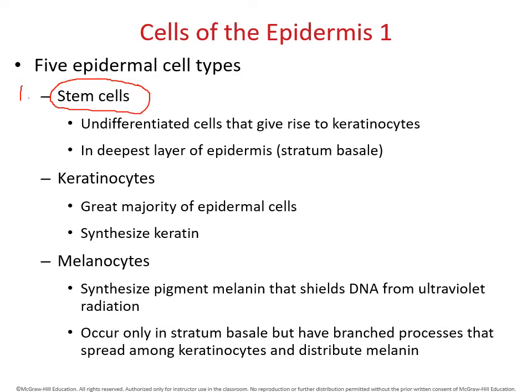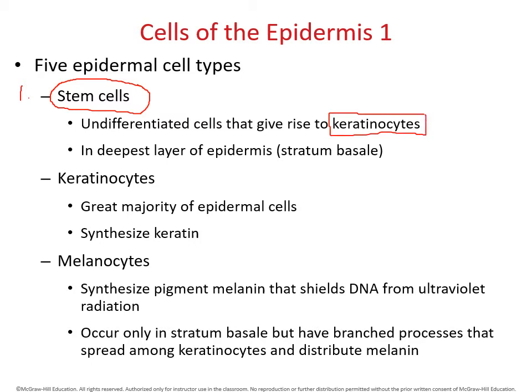Only when it receives the proper signal, that stem cell will go ahead and metamorphose, change into the particular cell that the body requires. Now, in this case, the stem cells that we find in the epidermis are the cells that will give rise to our keratinocytes. Keratinocytes are what we informally like to call our skin cells.